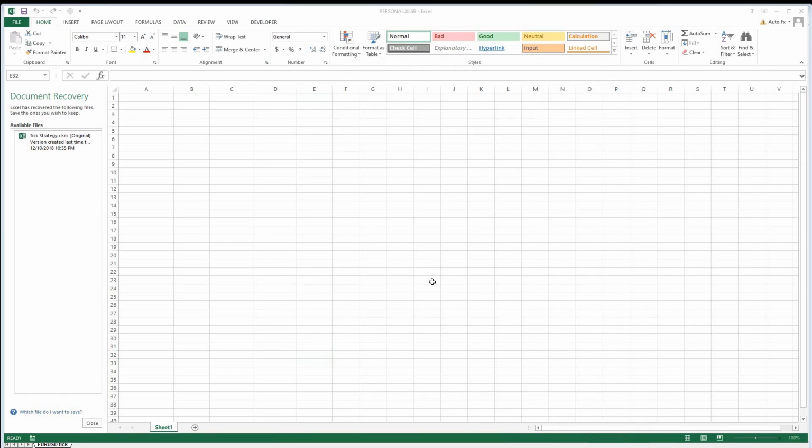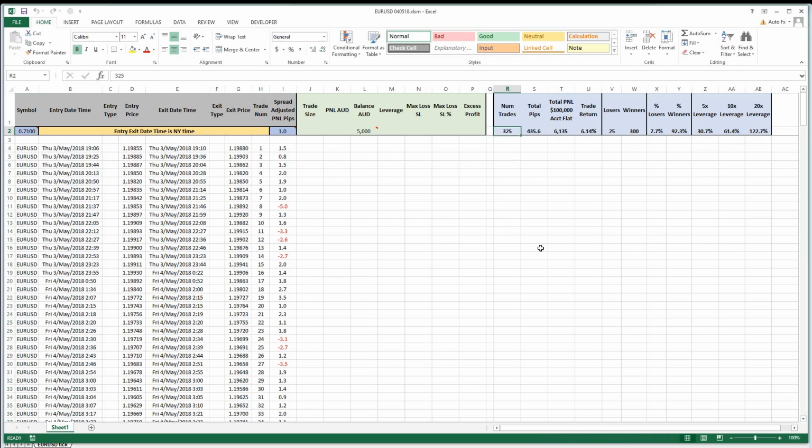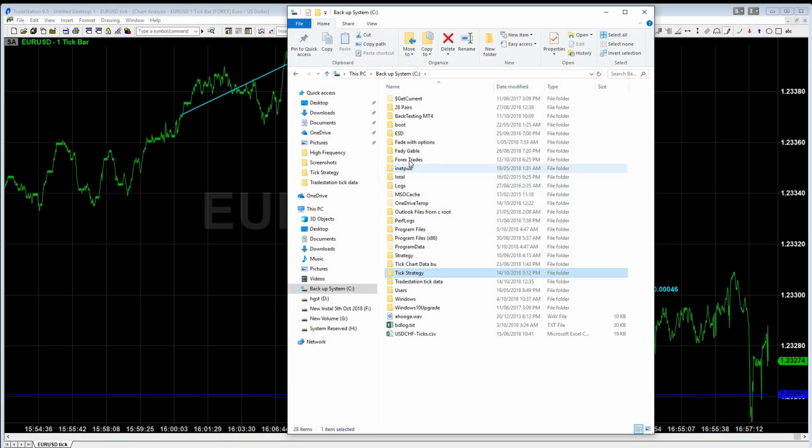There's another one for the next day, the 4th of May. The day starts on the 3rd of May, goes into the 4th of May. 325 trades for the day, 435 pips accumulated, 92% winners, and again, if levered, unbelievable daily returns. Over the years, I've done dozens and dozens of these things.